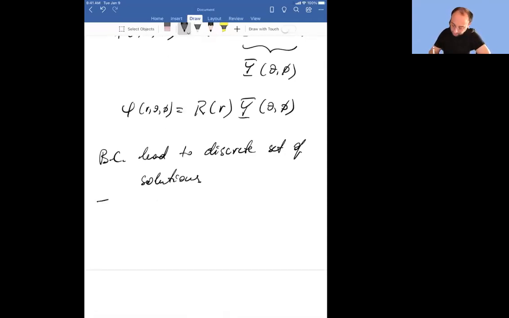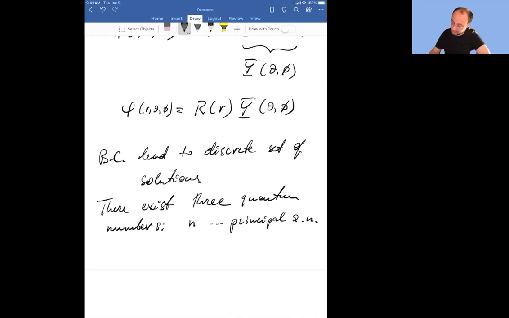For this problem, there exist 3 quantum numbers. They're always labeled n. This is called the principal quantum number. L, this is called the angular momentum quantum number. And m, this is called the magnetic quantum number.